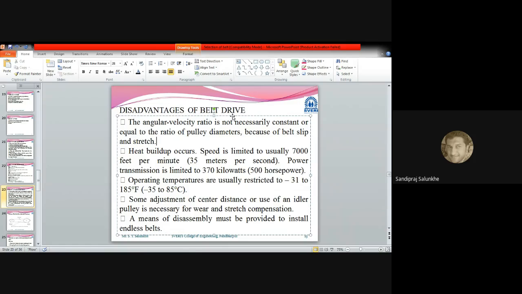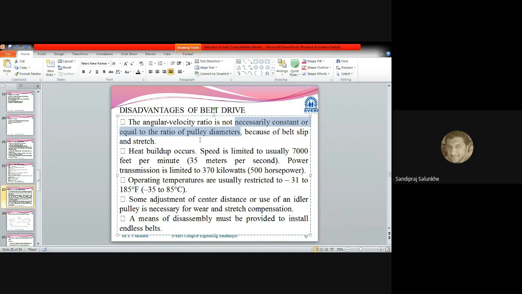Now, if you see the disadvantages of belt drive, then the angular velocity ratio is not necessarily constant or equal to the ratio of pulley diameters, because the belt slips. Now, this is a mathematical term. If the angular velocity of the driver is omega 1 and the angular velocity of the driven is omega 2, then omega 1 divided by omega 2 is called the velocity ratio.